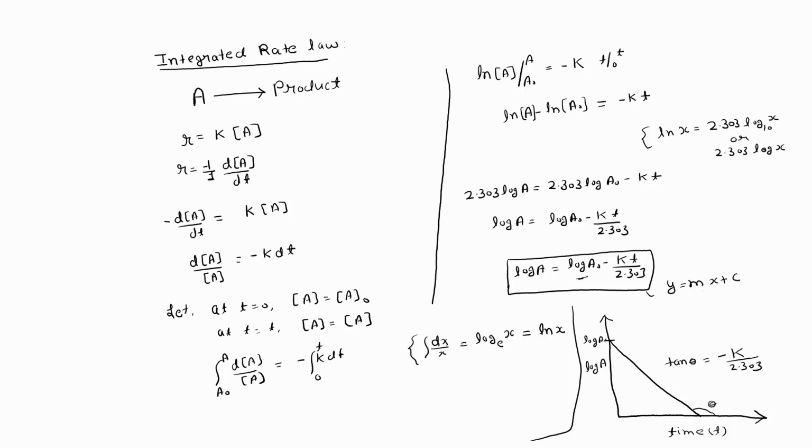Okay, so if there is a question in a competitive exam or on your board exam, where for a given reaction A gives product, and the concentration of A linearly decreases with respect to time, and all the data are given and you have to find the order of the reaction and the rate constant, and the thing given is that concentration decreases with respect to time, then it means it is a zero order reaction.